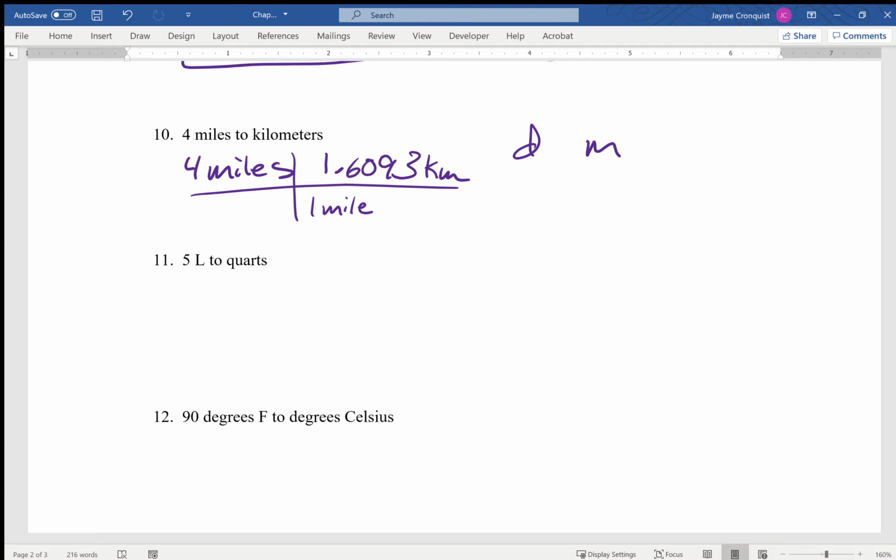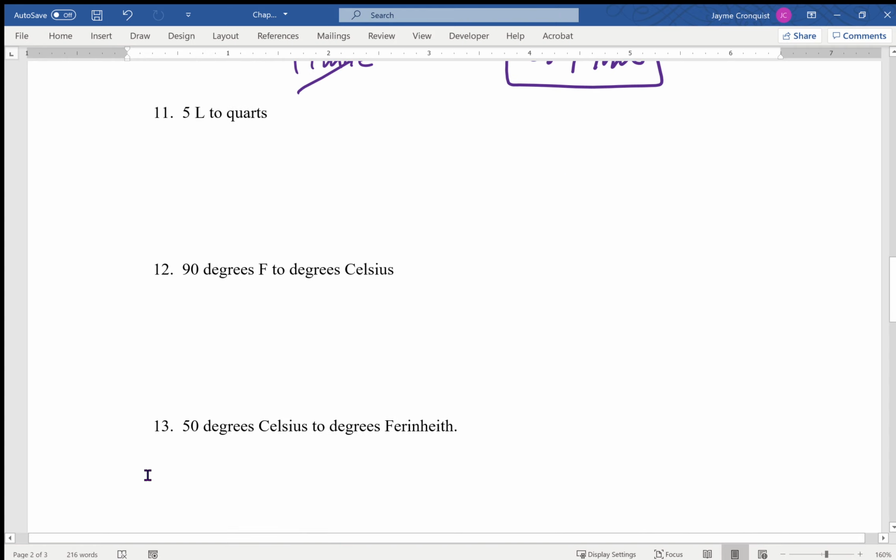All right, now we have a certain number of kilometers. Oh, that's all we needed. Never mind. Okay, 4 times 1.6093. We have 6.4 kilometers. Okay, 5 liters to quarts.